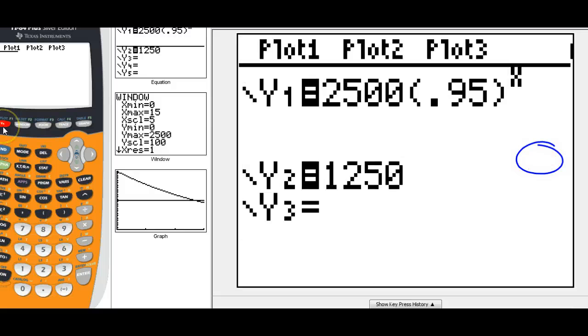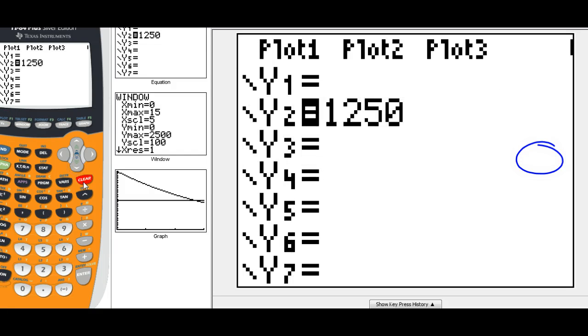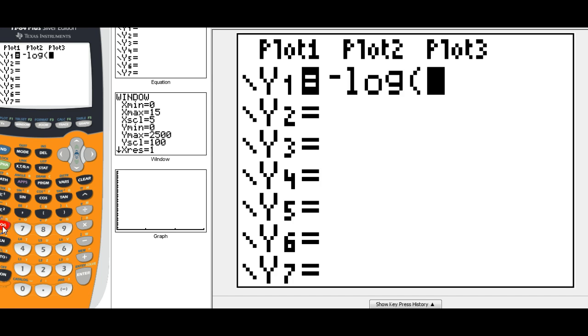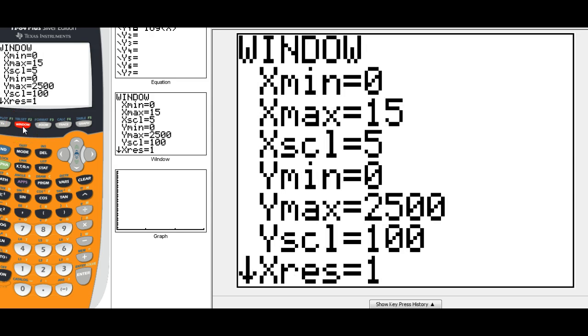So go to y equals, clear these equations, and in y1, let's type in the equation we had. Negative common log of H positive, that's going to be my x value. So the negative common log of H positive, and I want to change my window setting, otherwise this won't match up.